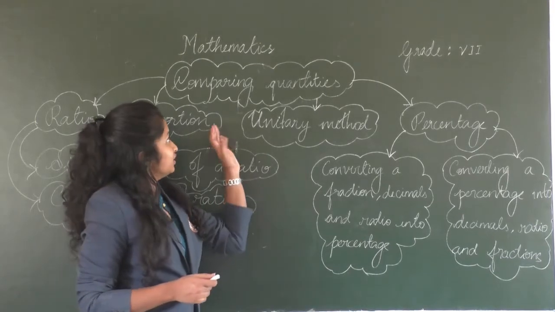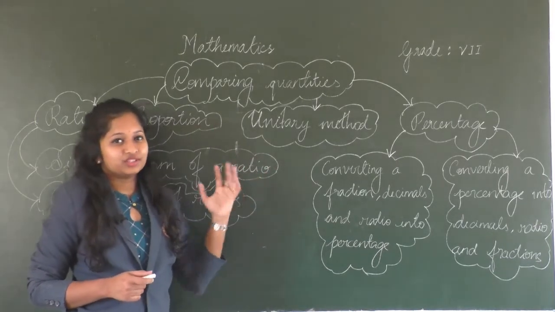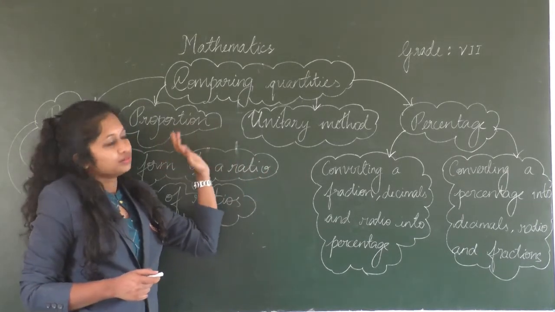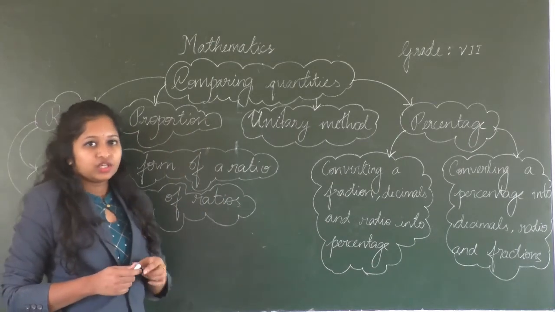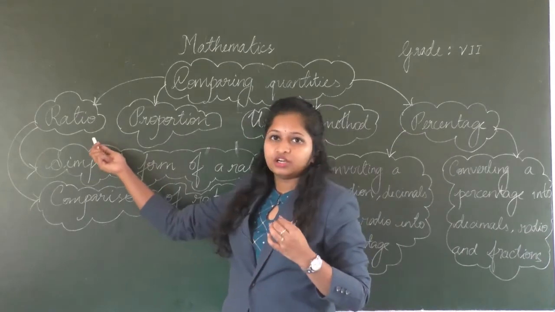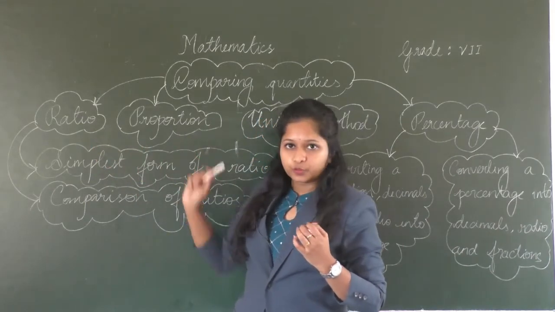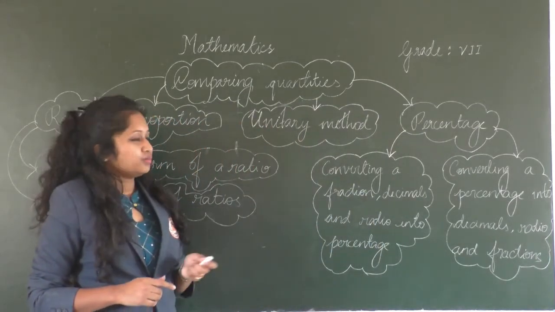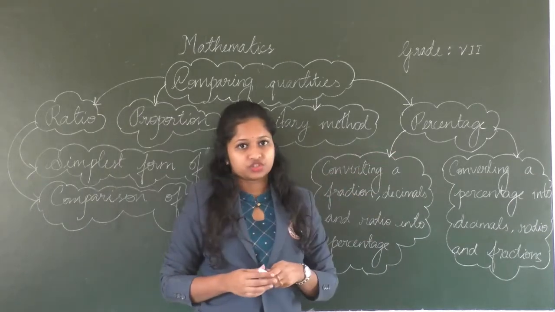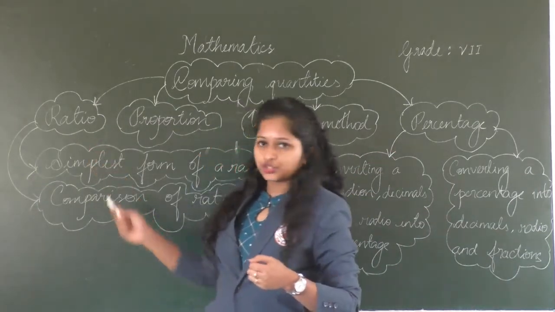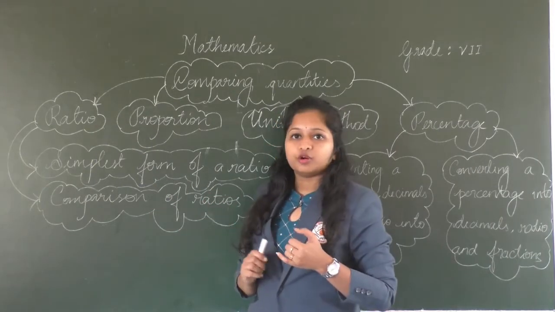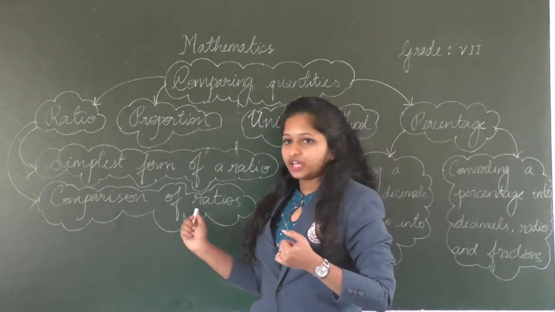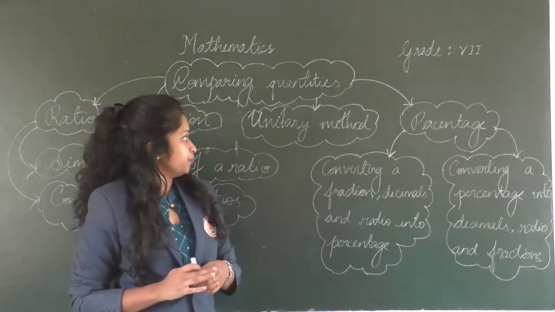So children, in this video, under comparing quantities, we would learn about ratio, proportion, unitary method, and percentage. Under ratio, we would learn the simplest form of a ratio and comparison of ratios.